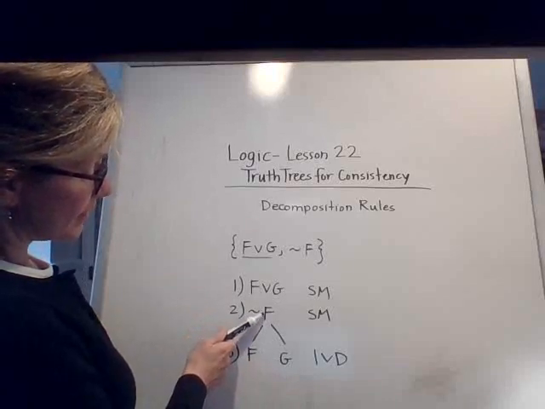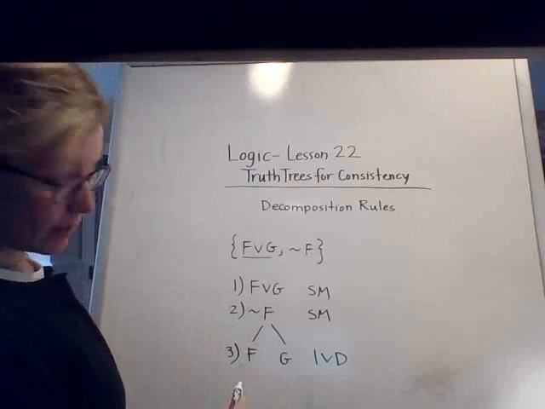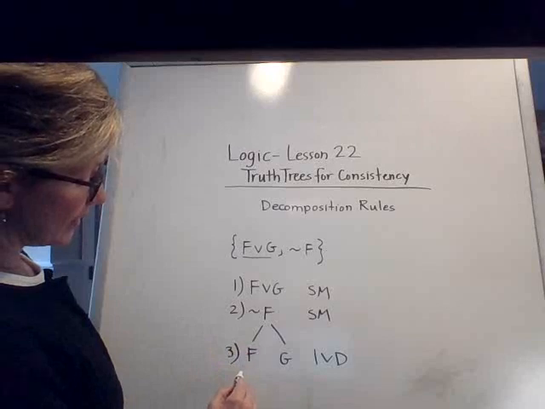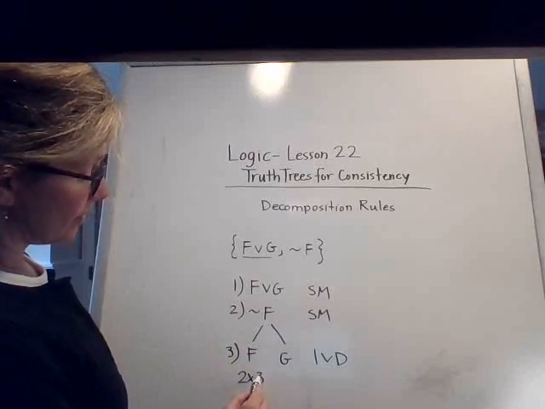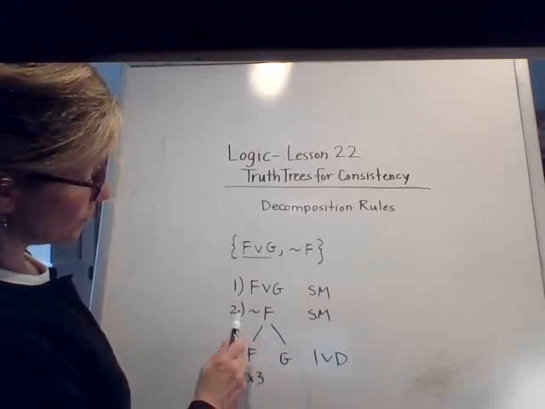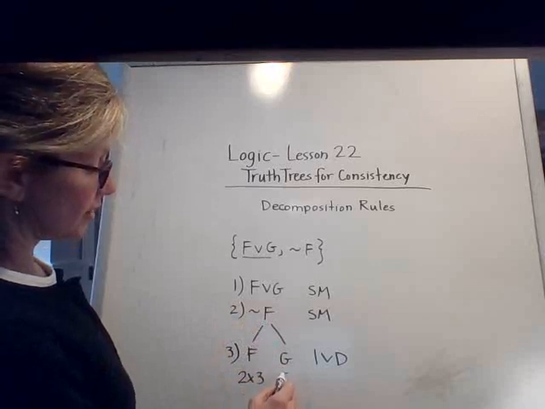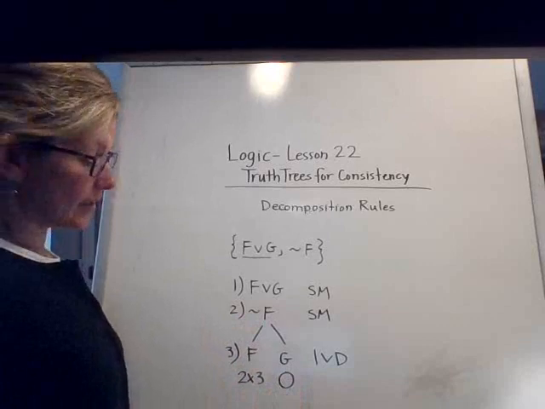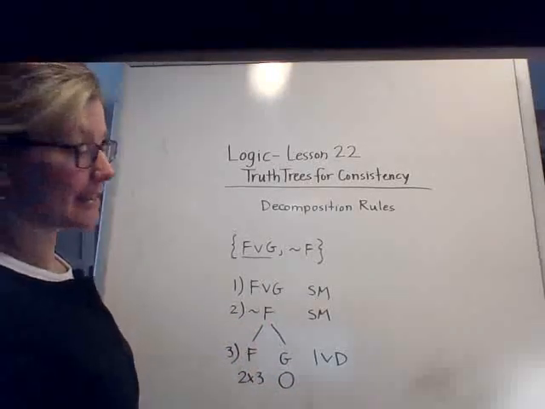Okay, now let's just look here. We have not F and F, so that is a contradiction. The way we show the contradiction is we say it's line 2 and line 3. So line 2 contradicts line 3. Now if we look over at this other branch, we just have not F and G, so there's no contradiction. That's an open branch. And as long as we have at least one open branch, the set is consistent.